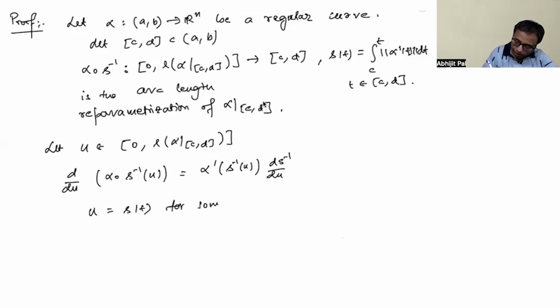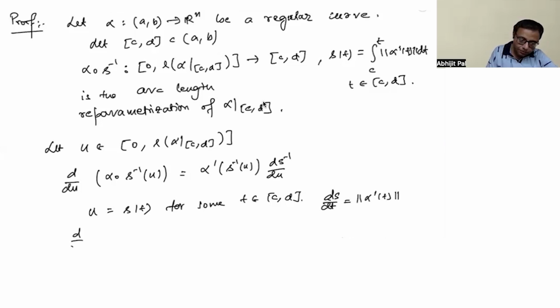Therefore, the derivative of alpha compose S inverse at u is equal to alpha prime t times ds inverse du.